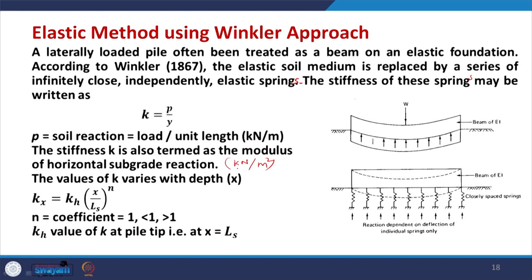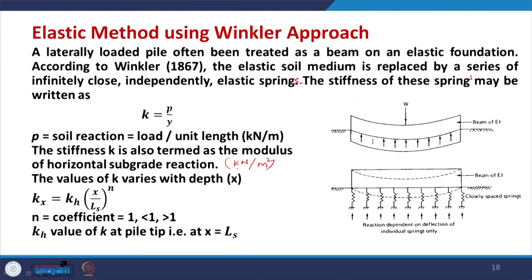That means the spring constant is not constant with depth. For sandy soil it is expected that the values of the spring constant increase with depth, but normally the variation is not so much in the case of clay or cohesive soils.